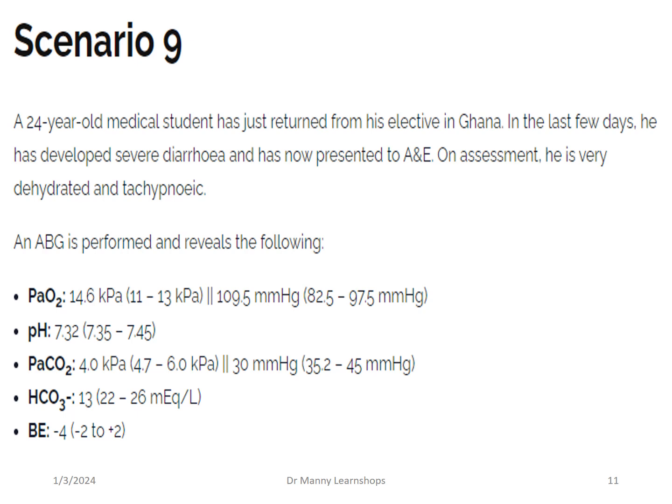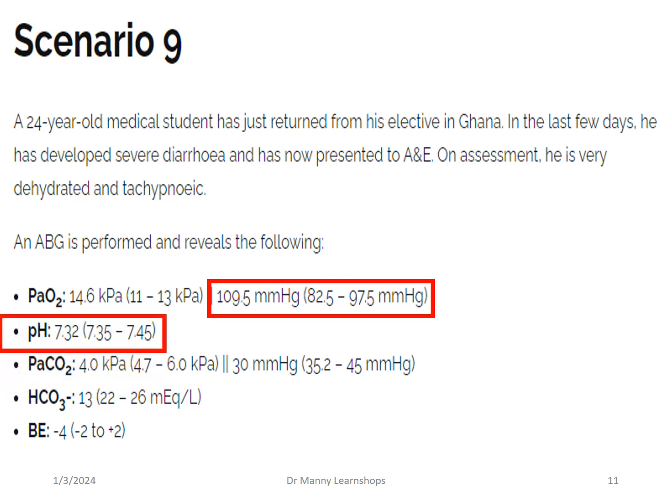On assessment, you determine that he's very dehydrated and breathing very, very quickly, he's tachypneic. The arterial blood gas that's performed reveals the following. Essentially, his PaO2 is normal. His pH is low, indicating acidosis.